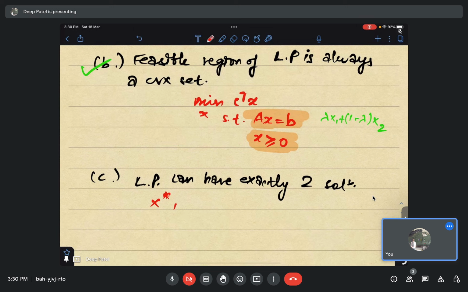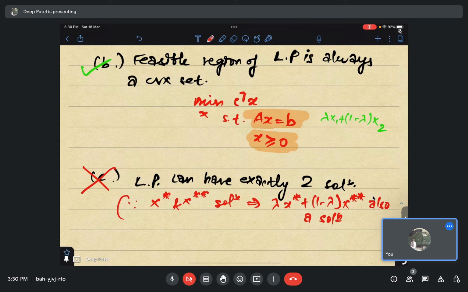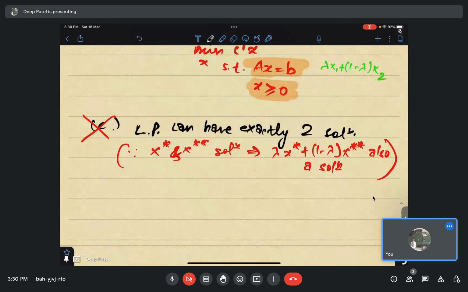So if x1 star and x2 star are solutions, then lambda x1 star plus 1 minus lambda x2 star is also a solution.